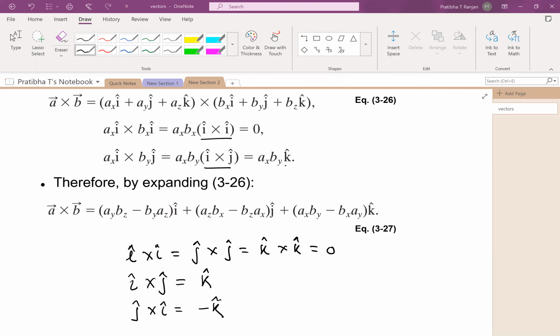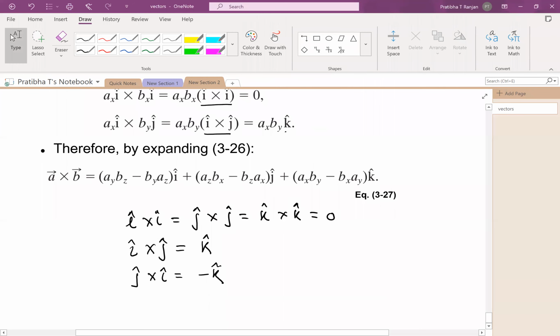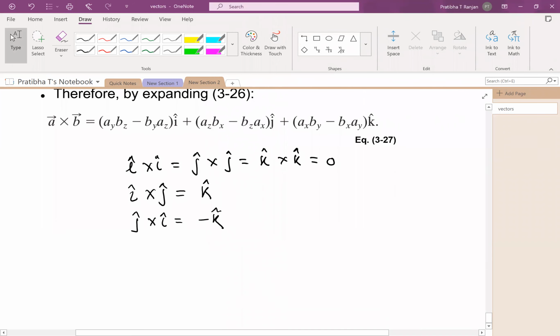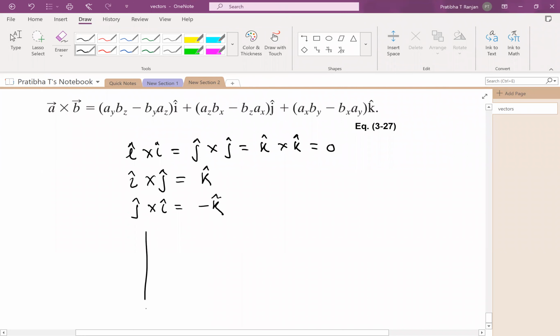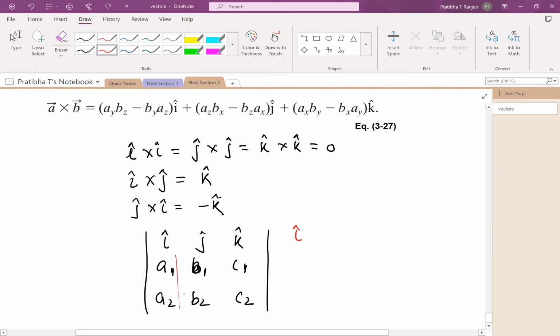Do you know about matrices? See, we make it like a table: I, J, K, A1, B1, C1, A2, B2, and C2, right? So here what we need to do when we take the I, we have to leave this one.